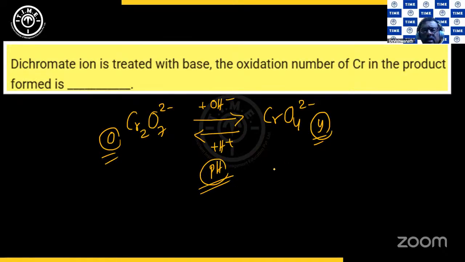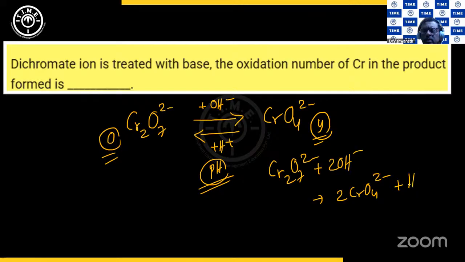Now look at this reaction. Cr2O7 2- plus 2OH- gives rise to 2CrO4 2- plus H2O. This is a reaction, right? So CrO4 2- is what? X plus 4 into minus 2 is equal to minus 2.